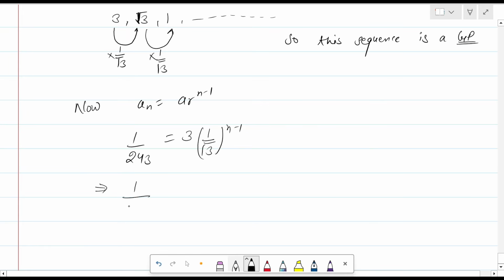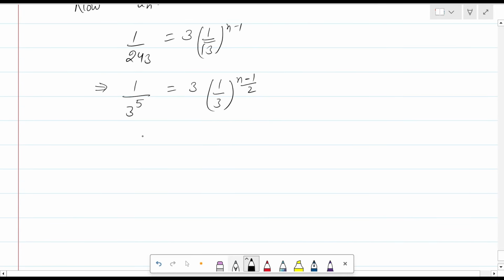Now 243 is 1 upon 3 raised to the power 5, and 3 into 1 upon 3 raised to the power n minus 1 by 2, it will become 1 upon 3 raised to the power 6. That implies 1 upon 3 raised to the power n minus 1 by 2 is equals to 1 upon 3 raised to the power 6.